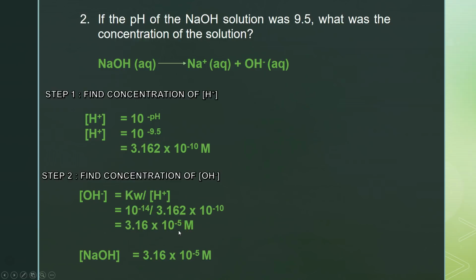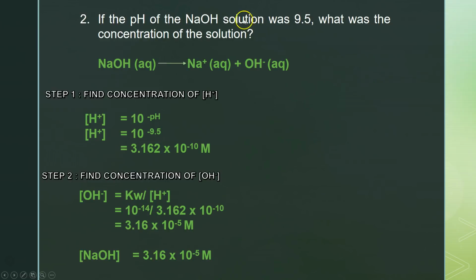Okay, remember the question is asking for the concentration of the solution, not the concentration of the hydroxide ion. But since sodium hydroxide, okay, completely dissociates into sodium ion and hydroxide ion, and for every 1 mole I get 1 mole, basically the concentration of hydroxide will be equal to the concentration of sodium hydroxide.